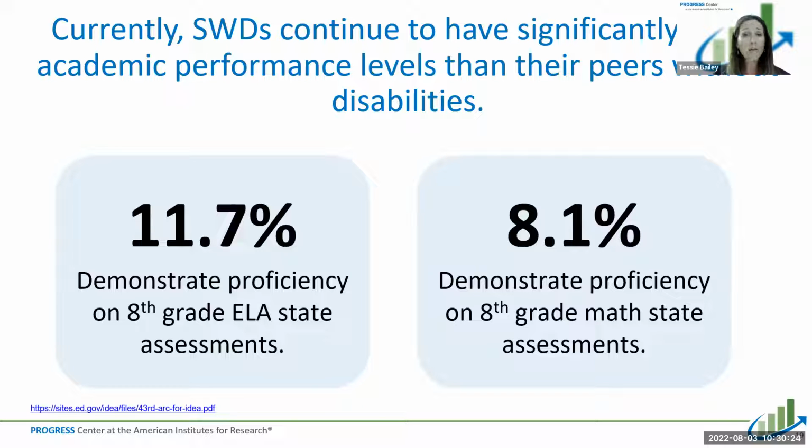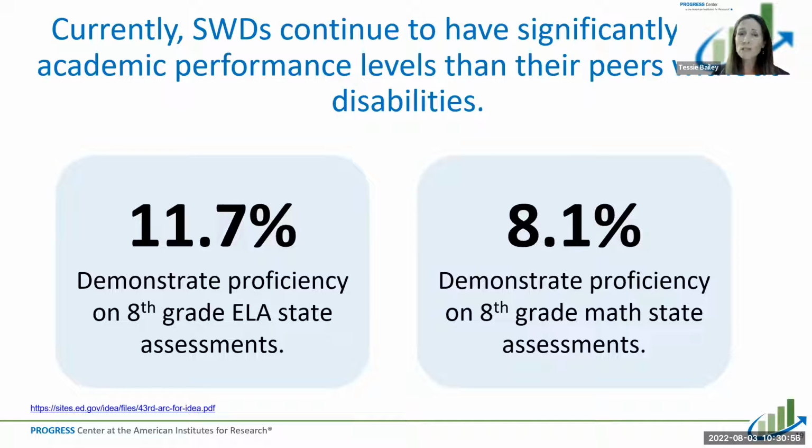We've seen a lot of growth in some areas, but one area where we haven't seen the growth we would expect is academic achievement. If we look at how students with disabilities are currently performing, we see persistently lower academic achievement than their peers without disabilities. I've just shared some 8th grade data, but we see this across these major points of performance.